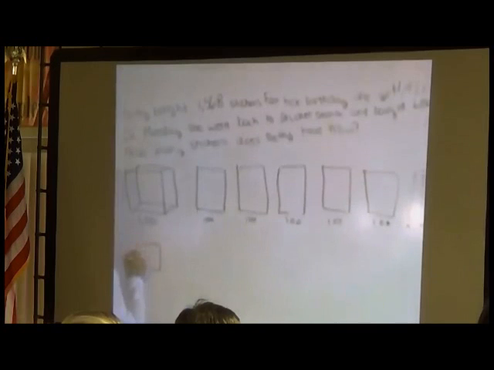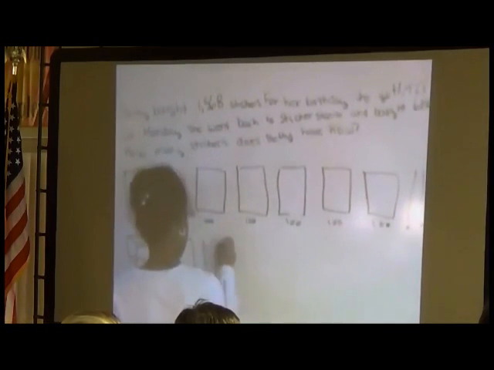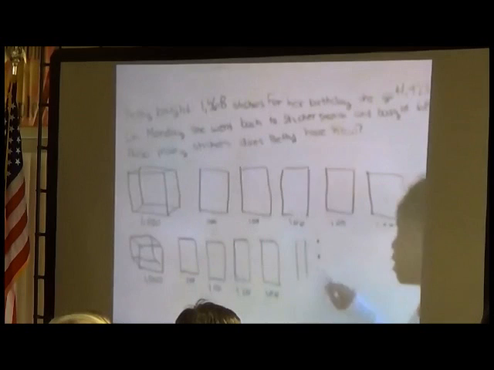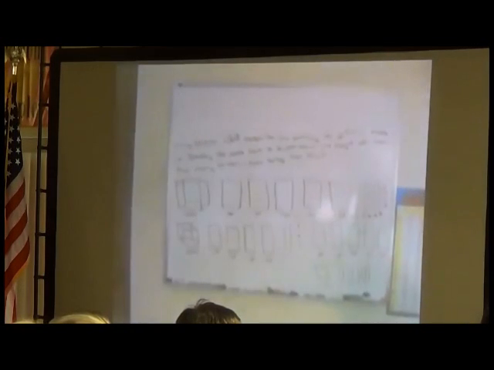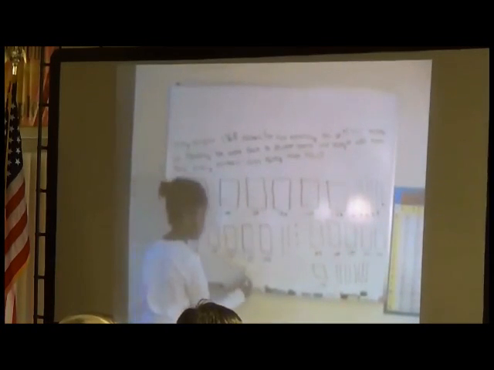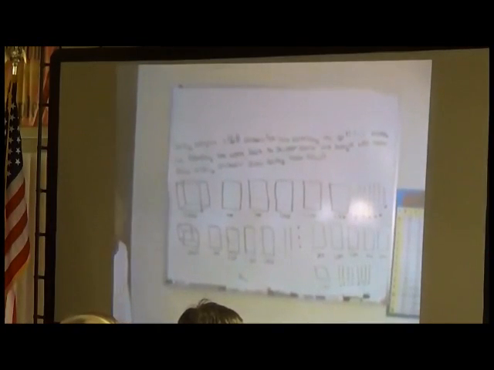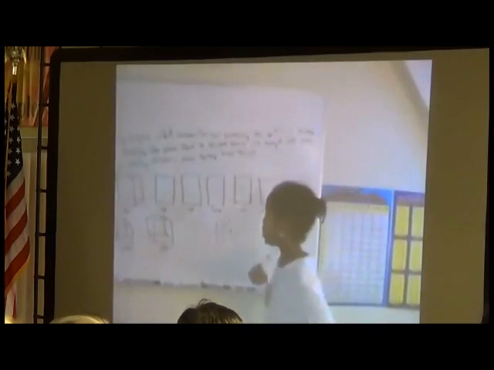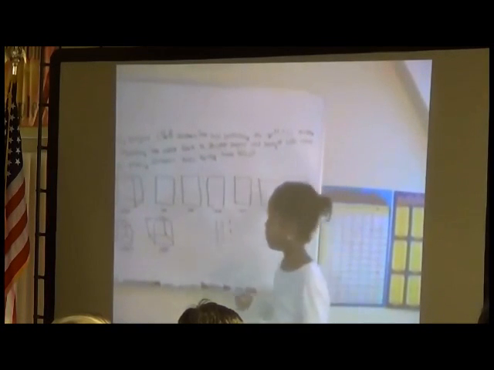For her birthday, she got 1,000. The dots represent 1. Okay. And now we have to add all of these together. So you could make 1,000. All of these together is 400. Now you need 600 more. So now I'm going to write the numbers down.